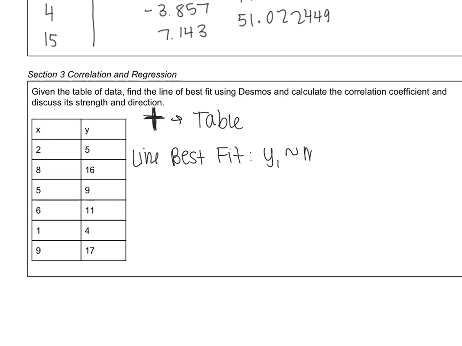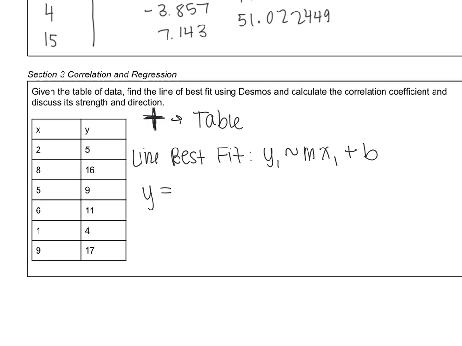Then we do mx1 plus b. It's extremely important you type this equation exactly as how I've written it in Desmos. If you don't type it exactly like this, you will not get the correct answer. Once you do that, there should be some values that show up directly underneath this equation.